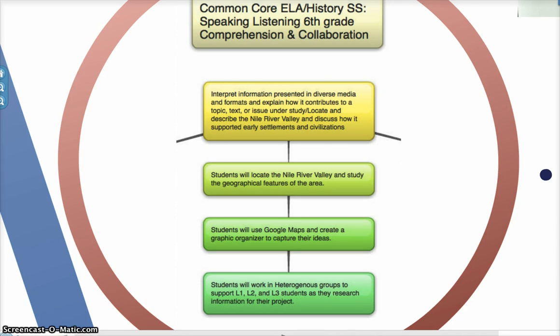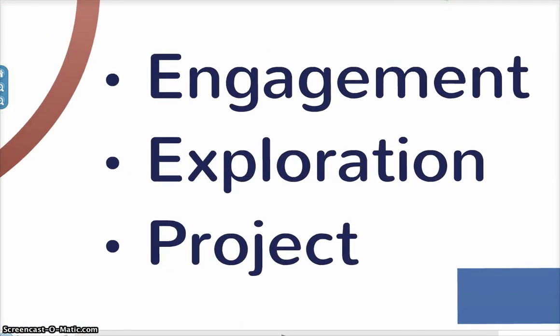They're going to work in heterogeneous groups in order to support the level 1, 2, and 3 students on the CELT as they do research for their project. So there are 3 elements that are consistent throughout iTELL, and that's engagement, offering an opportunity for exploration, and then having a final outcome, which is their project.